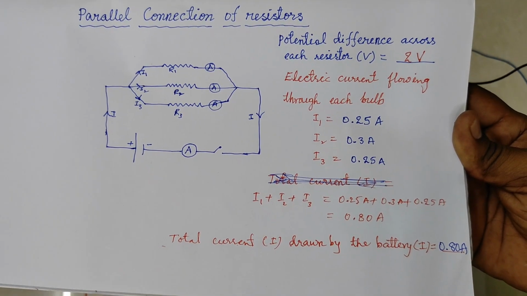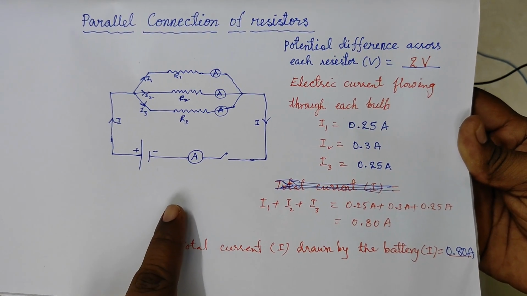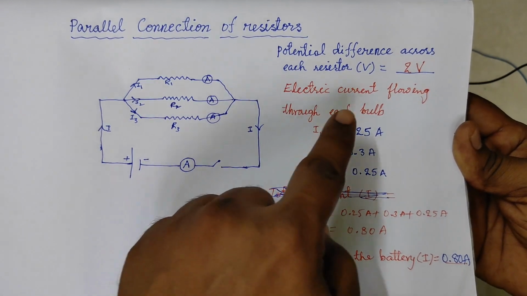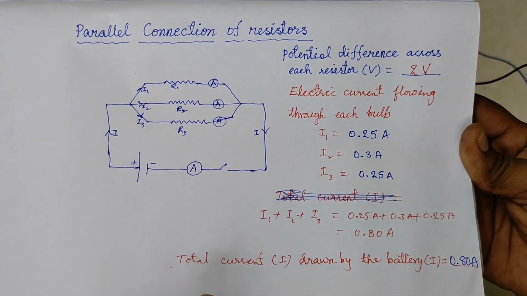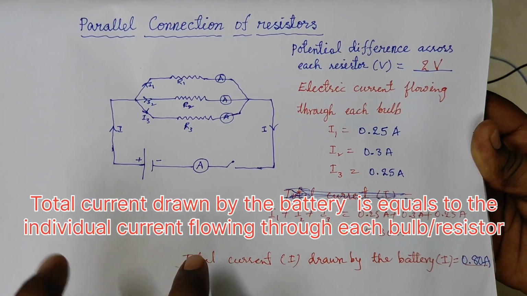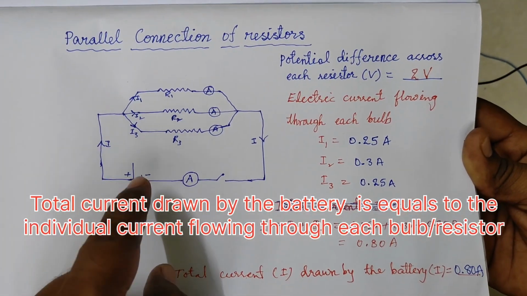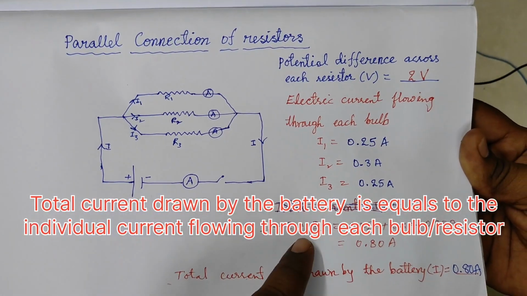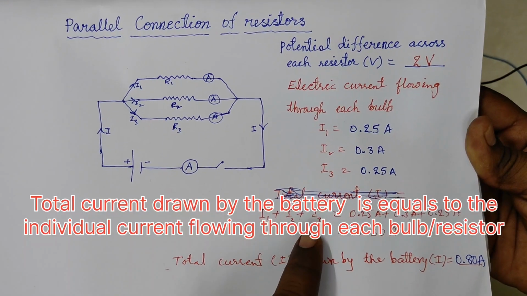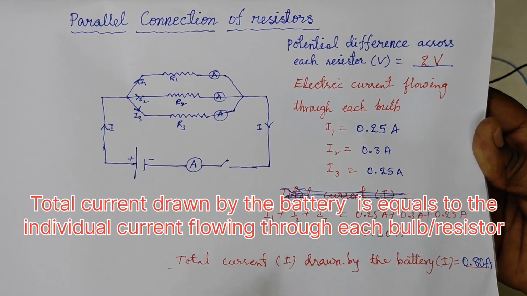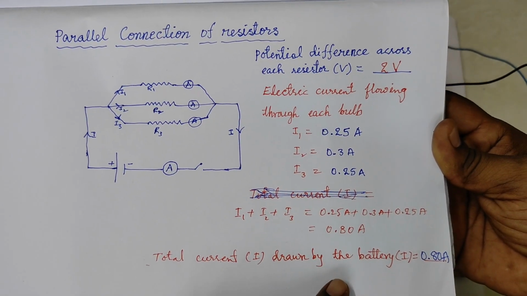Like this, in the parallel connection of resistors, voltage remains constant, that is 2 volts, and current divides at each resistor, so that the sum of individual currents drawn by each bulb is equal to the total current drawn by the battery.